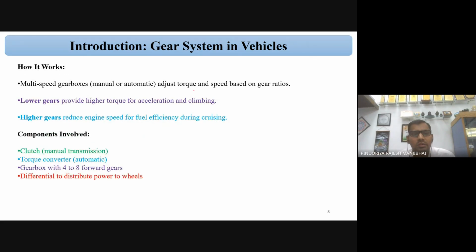how does it work? A multi-speed gearbox, manual or automatic. Nowadays in the market we have two types of vehicles: a manual gear system and an automatic gear system. Okay, in the manual we have to change the gear manually. Correct. So suppose your speed is 0 to 10, then we can set the first gear.